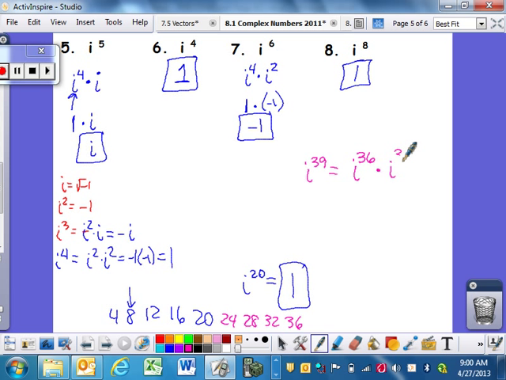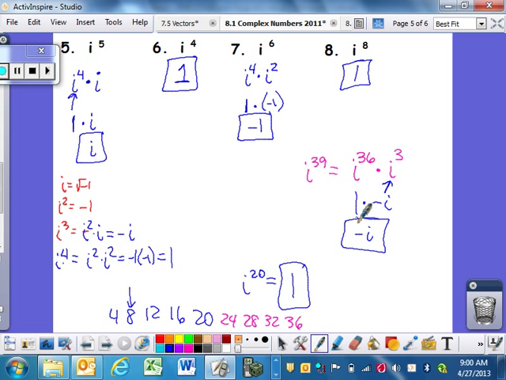Well, i to the 3rd. Sweet. I know that i to the 36 has to be 1 because 4 goes into it. That would be like multiplying i to the 4th together 9 times. And 1 times itself, 9 times is still 1. And then what did we talk about? i to the 3rd is just negative i, and that would be your answer.